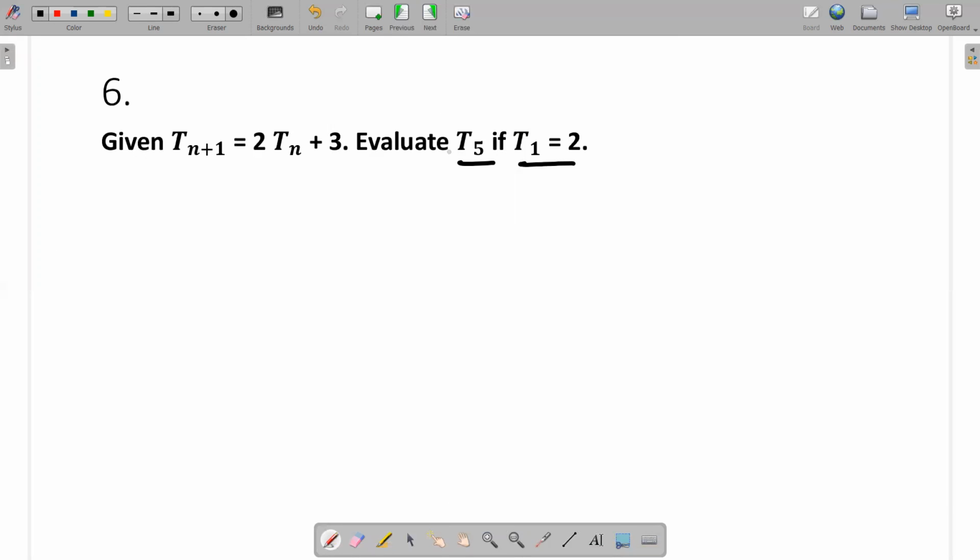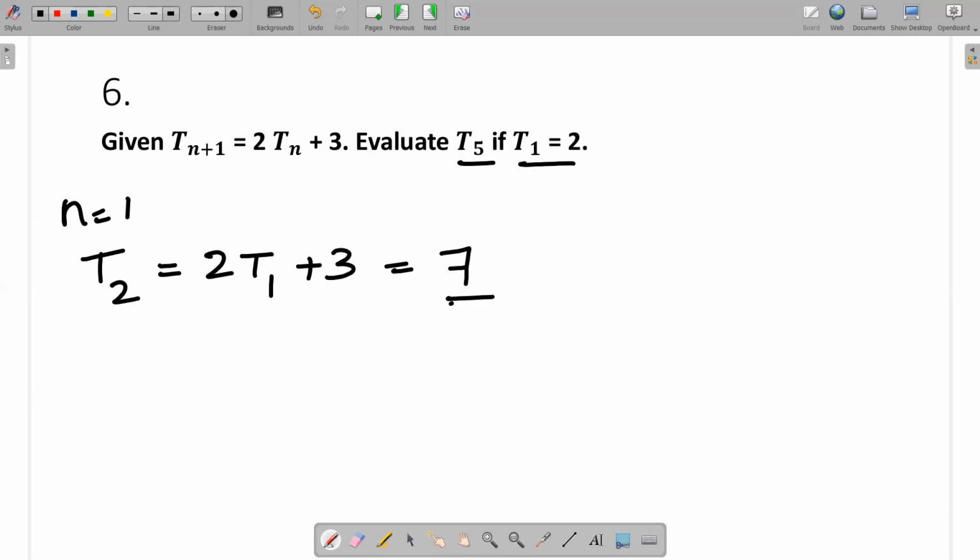It's a very simple question. If you put n equal to 1, then you will get T(1+1), that is T2, equal to 2T1 plus 3. And that is nothing but 2 into, instead of T1, you can put 2. 2 2s are 4. 4 plus 3 is equal to 7.